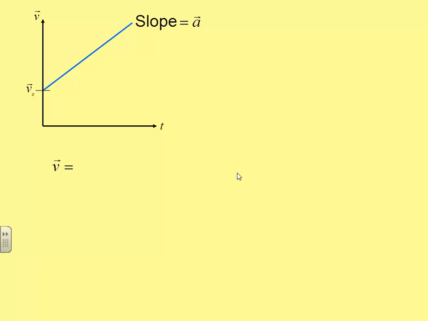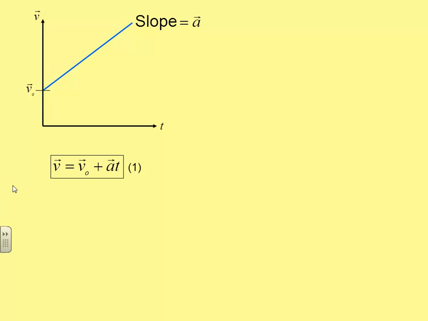And that equals the slope, which again is the acceleration, the x variable, the time, plus the y-intercept, which is the initial velocity. And as I mentioned to you back then, addition is commutative, so we can switch the order, and we get our first equation that describes uniformly accelerated motion.